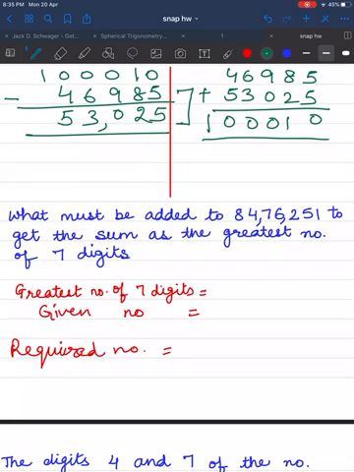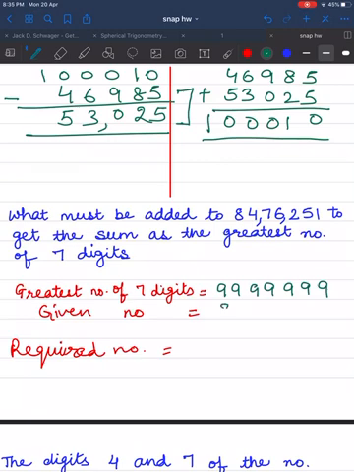Now next question is what must be added to 84,76,251 to get the sum as the greatest number of 7 digits. Now first we will write the greatest number of 7 digits, which is 99,99,999. Now the required number is the difference of the greatest 7-digit number and the given number.